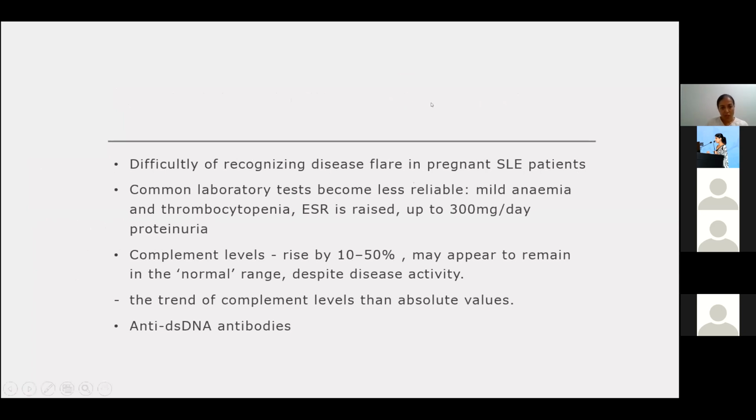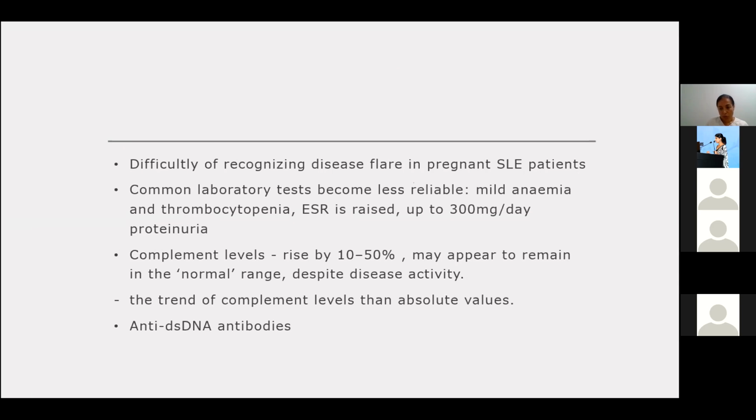It is difficult to recognize disease flare in pregnant SLE patients sometimes because common lab tests become less reliable. There will be mild anemia and thrombocytopenia even in normal pregnancy. ESR may be a little bit raised sometimes, and there may be proteinuria. And the complement levels usually rise by 10 to 50% in pregnancy.